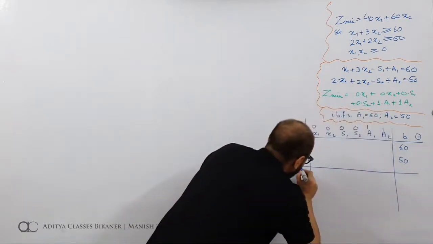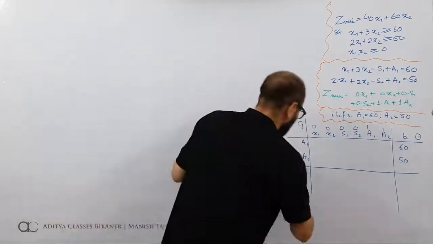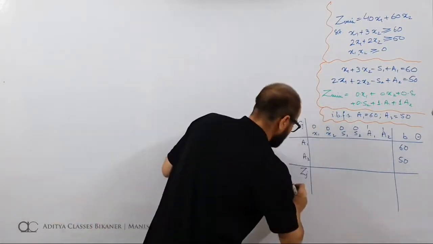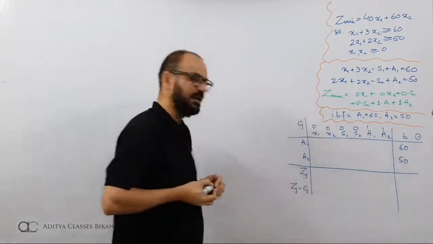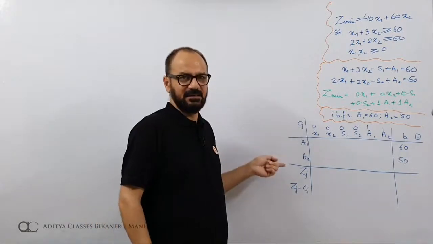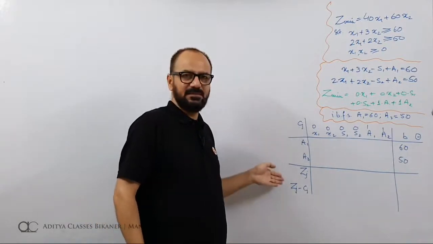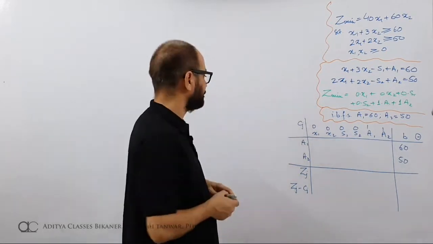And now can I have my Zj over here? And net evaluation, because it is minimization, net evaluation will be Zj minus Cj. Net evaluation row will be Zj minus Cj. It will not be Cj minus Zj. For max it is Cj minus Zj, but we are talking of min, so it will be Zj minus Cj.